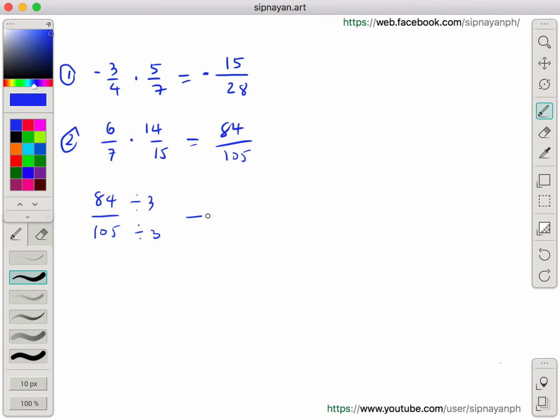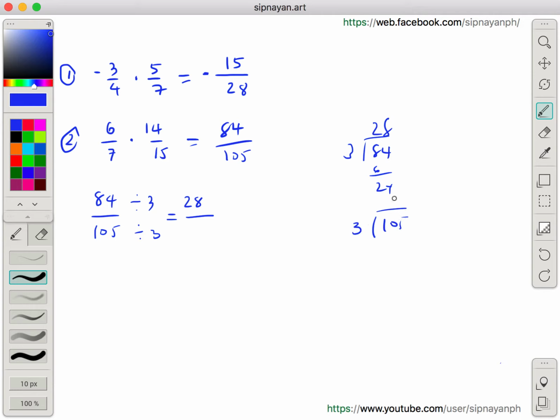We have, equal siya sa, ano ang 84 divided by 3? 84 divided by 3, that's 28. 8 times 3 is 24. So this is 28 over 105 divided by 3.